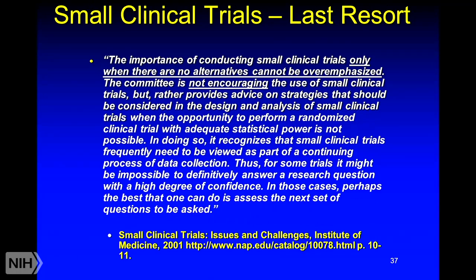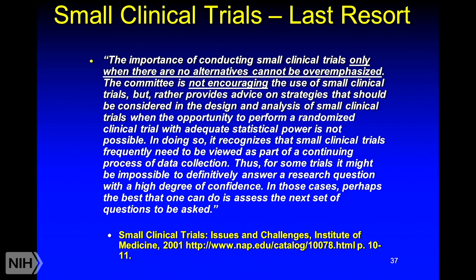So the other thing that the IOM says is that really doing small trials is a last resort. And it says that they should only be done when there are no alternatives. And it says this cannot be overemphasized. And the committee is not encouraging the use of small clinical trials, but rather providing advice on strategies to consider in the design and analysis of these trials.